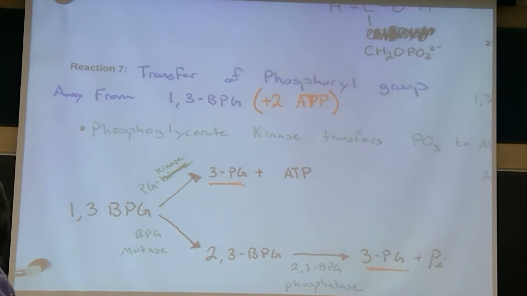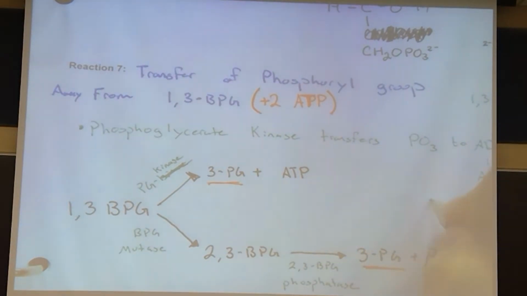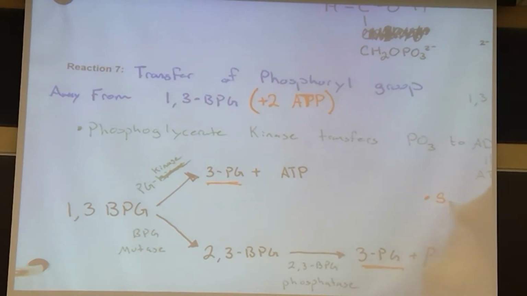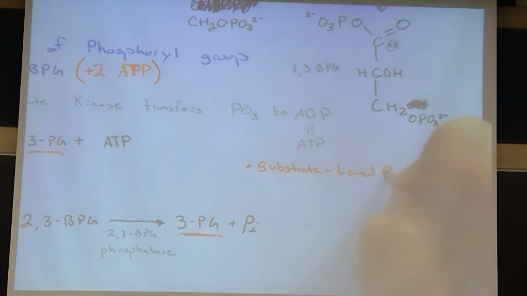However, we're going to talk about two ways to produce energy. Our first way to produce ATP, energy in the form of ATP, is called, well, they're both called phosphorylation. First is called substrate level phosphorylation.